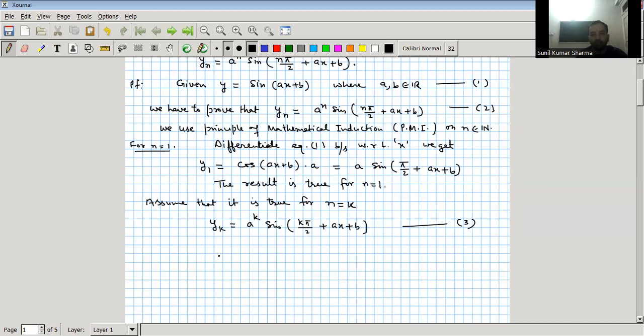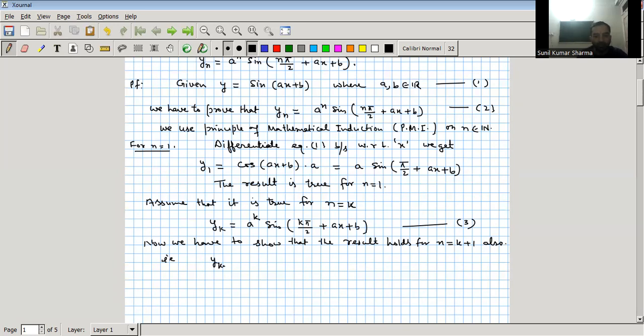Now we have to show that this result is true for n equal to k plus 1, that the result holds for n equal to k plus 1 also. That is what we have to prove.